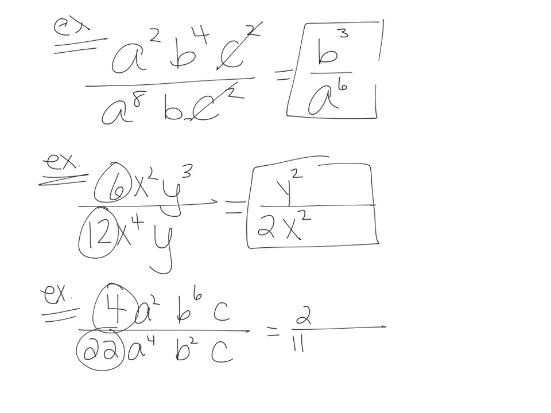Look at my a's, where are they ending up? Bottom, exponent is 2. Look at my b's, where are they ending up? Top, exponent is 4. Look at my c's, what happens? They're the same, they cancel out, I'm done. You with me? What if I have this?